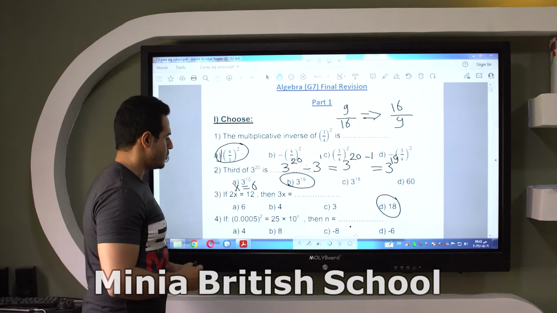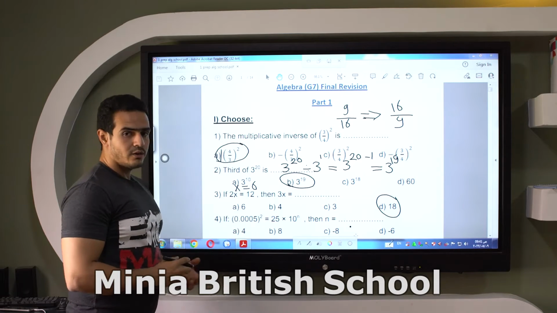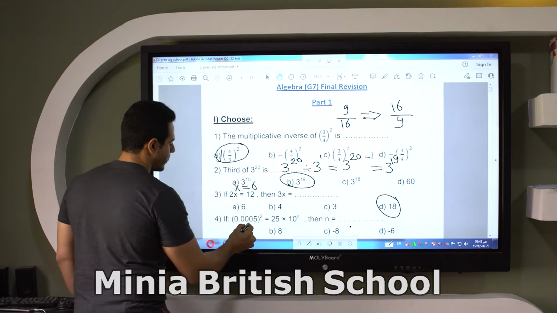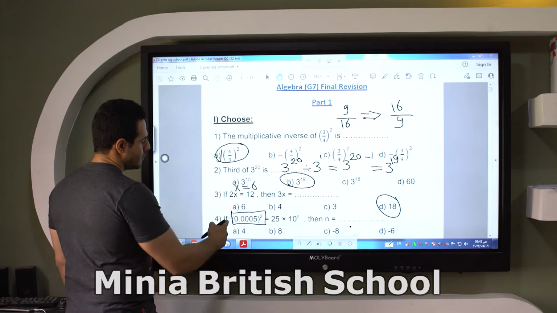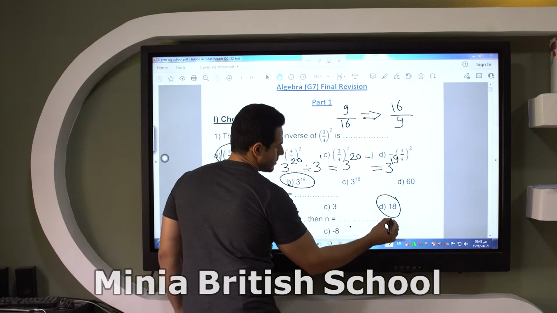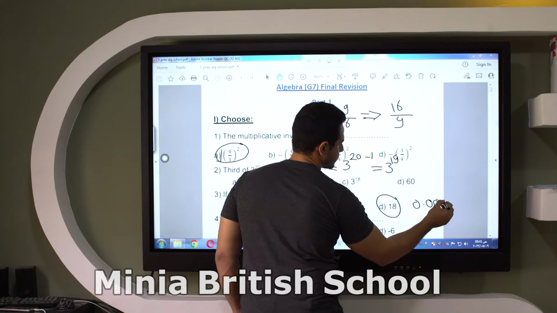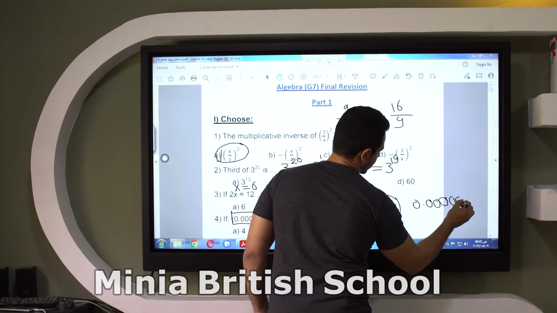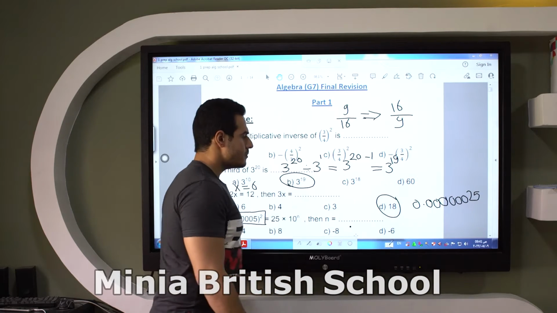Okay? Number 4, if (0.0005) all power 2 equals 25 times 10 power n, what's the value of n? Okay, as a first step, find the answer of this number. (0.0005) power 2 equals 0.00000025.